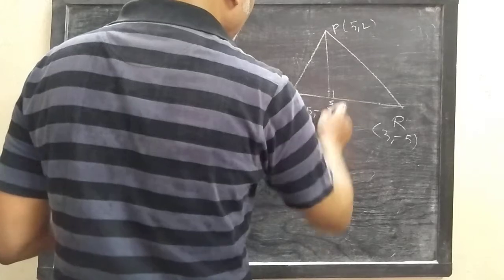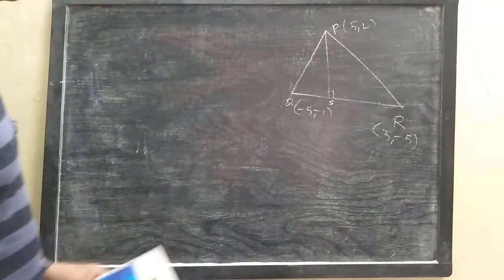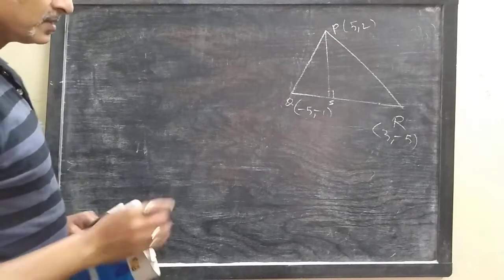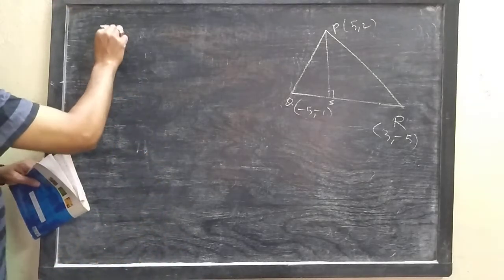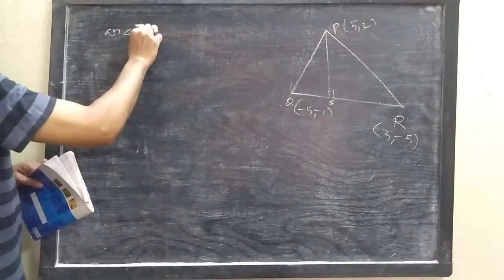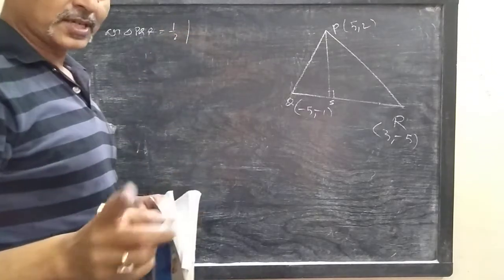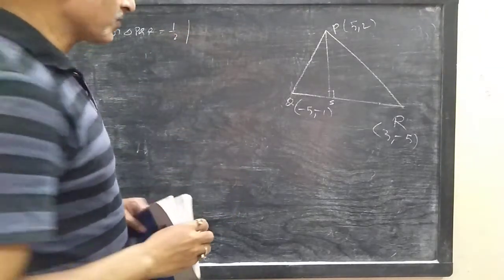Say this is PS. So first find the area of triangle PQR, then find the length of QR, then find PS, step by step. First, area of triangle PQR is half mod. Don't forget to put the modulus sign.